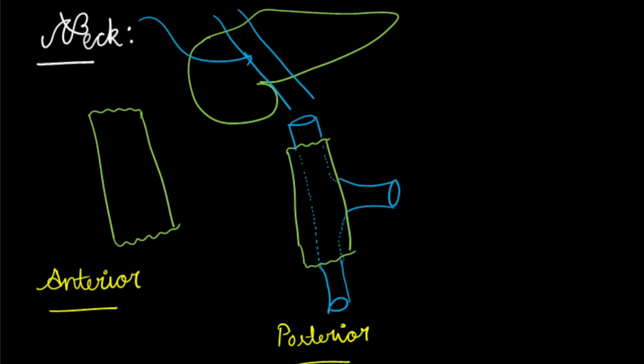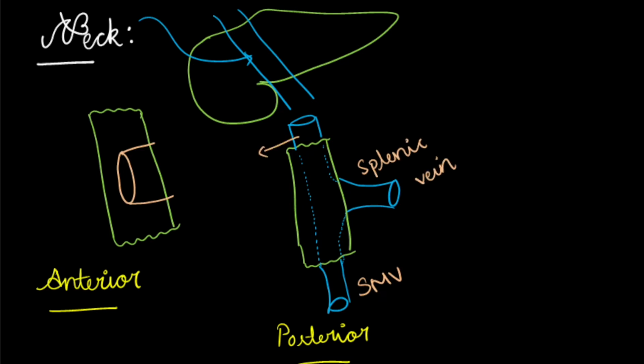Now regarding the anterior relation of the neck of the pancreas, it is related to the opening of the stomach, that is the pylorus. In case of the posterior relation, we had already discussed in our previous video regarding the portal vein that the formation of the portal vein from the superior mesenteric vein and splenic vein occurs behind the neck of the pancreas.